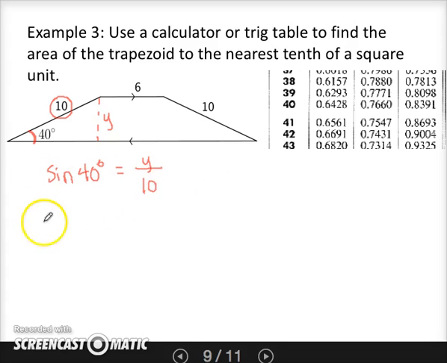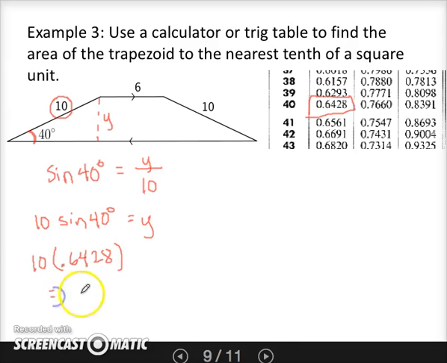Again, multiplying both sides by 10, I get 10 times the sine of 40 equals y. I can look up the sine of 40 now. It's 0.6428. 0.6428 times 10. I just have to move the decimal over one space, giving me 6.428. That's my y, which is the height of my trapezoid.